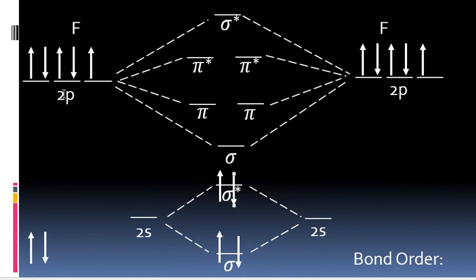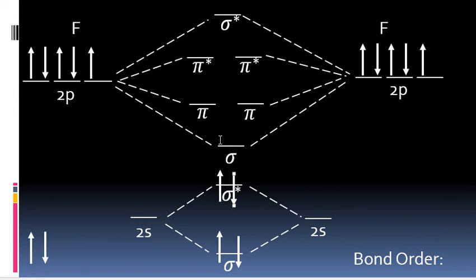Now, for the overlap of 2p orbitals, we're going to see sigma bonding and sigma anti-bonding orbitals, but also we're going to see 2 sets of pi bonding orbitals and 2 sets of pi star anti-bonding orbitals.